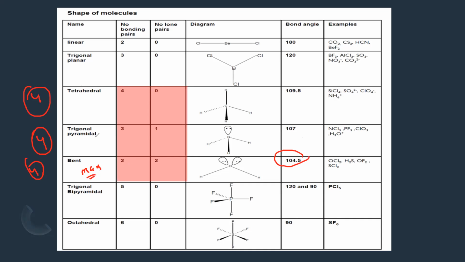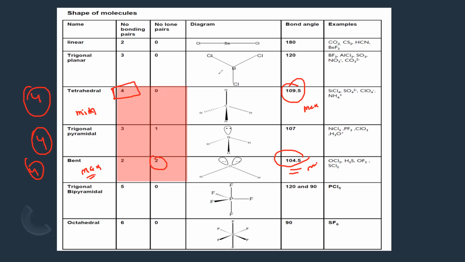The one with the highest number of lone pairs has the maximum repulsion, and maximum repulsion leads to a smaller bond angle. Here there are 4 bond pairs and no lone pair, so this has the minimum repulsion of these 3, and so it has the maximum bond angle.